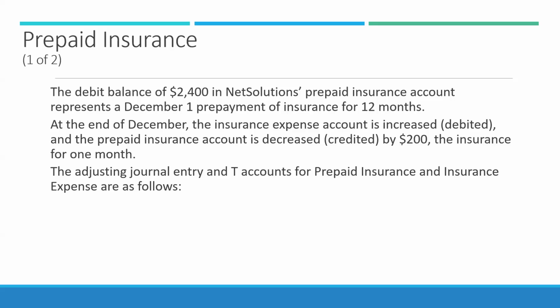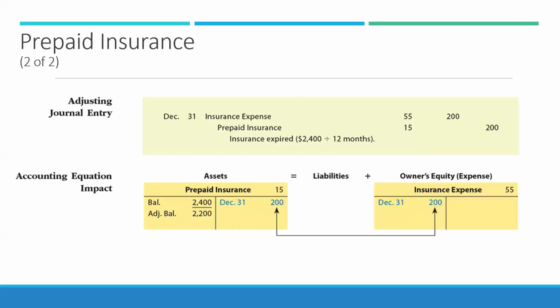So at December 1st, we paid it all. Now it's December 31st. 1 month of insurance is used up. What are we going to do, guys? We need to reduce our asset and increase our expense, don't we? So wouldn't we debit insurance expense for $200 and credit our prepaid insurance for $200? Yeah?